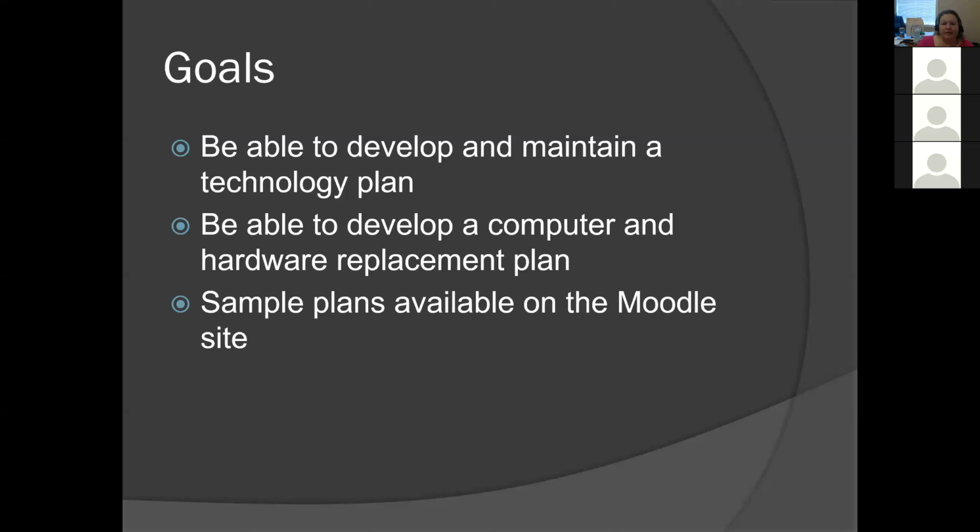That should all be listed. That is your helper there for the hardware replacement plan. If you know what you have, when you purchased it and who's using it, then creating a hardware replacement plan is a snap.